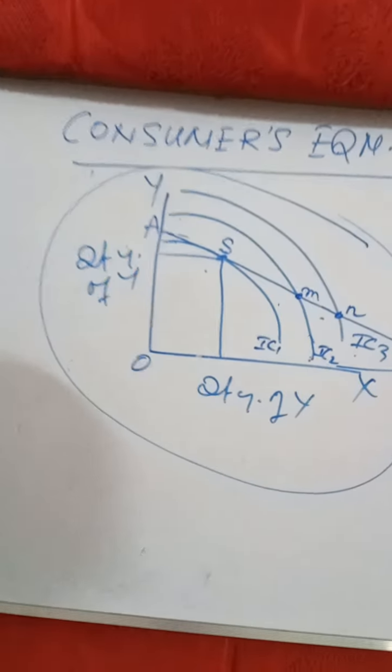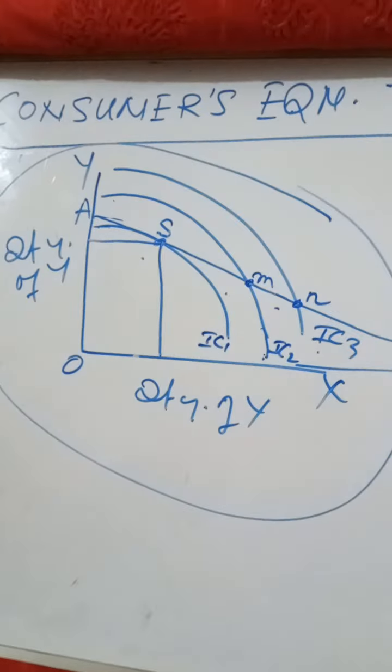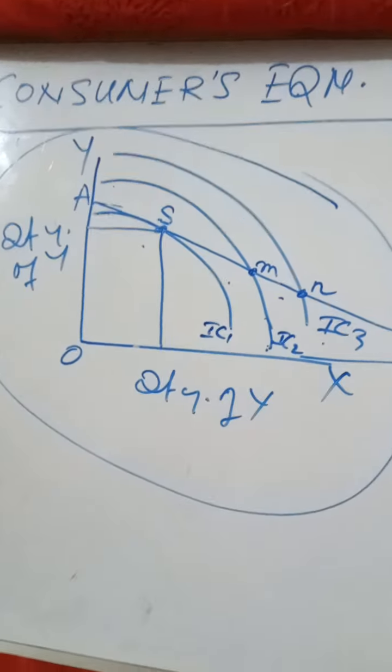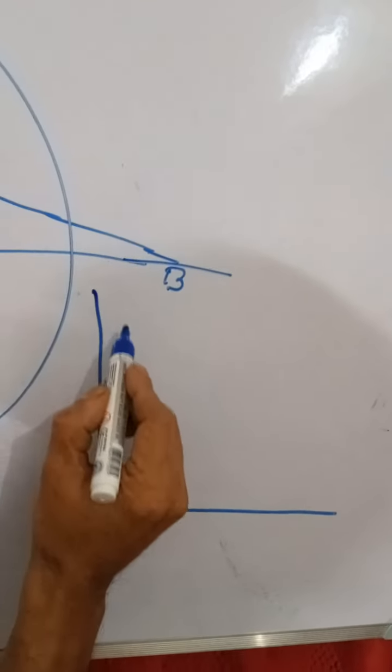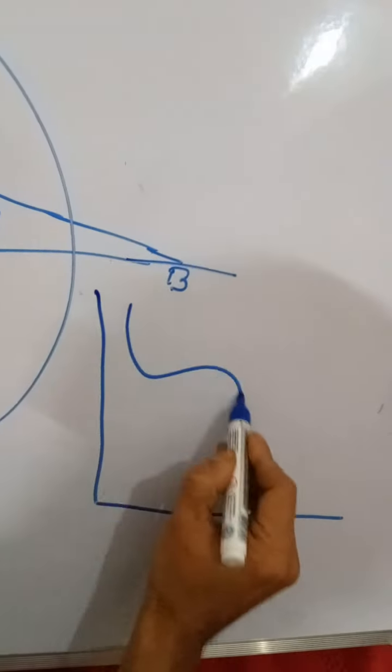Hence, the indifference curve cannot be concave to the origin, and so the consumer's equilibrium cannot be established on a concave indifference curve. Now, look very carefully at this diagram. Suppose this is the indifference curve.